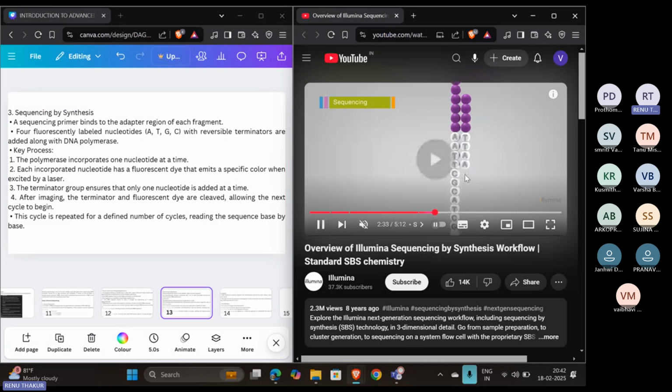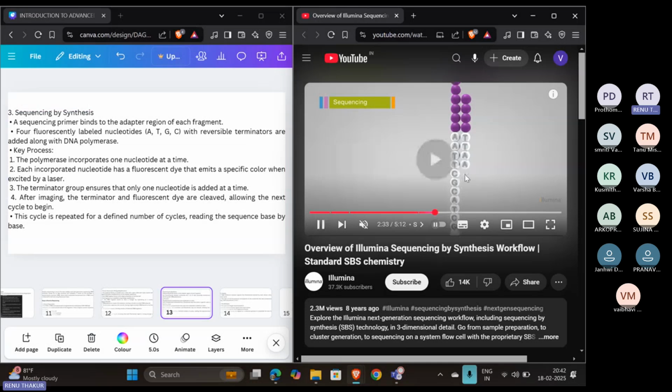This same cycle is going to be repeated for a defined number of cycles, and the sequence is read base by base. Each of these has a characteristic color. Suppose A has a blue fluorescent dye, T has a green fluorescent dye.